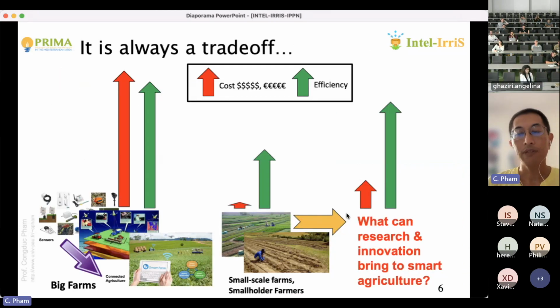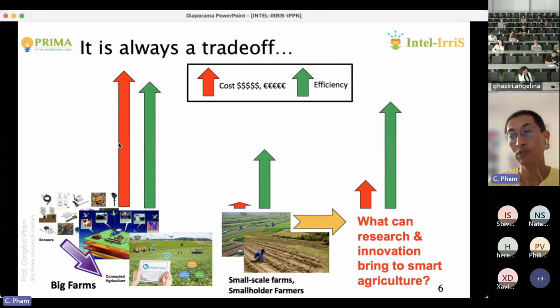The problem with this kind of scenario is that we know it can be possible, but it costs a lot. This scenario could be possible probably for big farms, but for the farmers we are targeting in Morocco and Algeria, it is very difficult to implement, mostly because of the cost, but also because of the complexity of the technology.